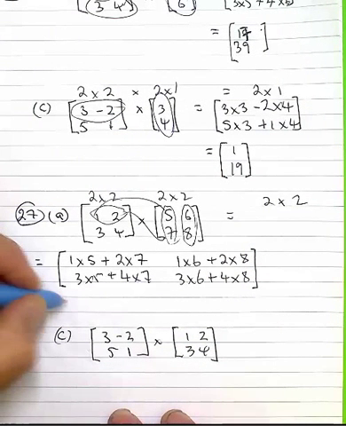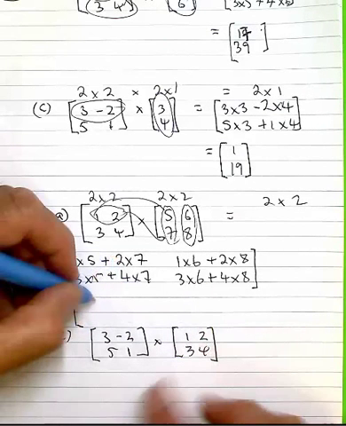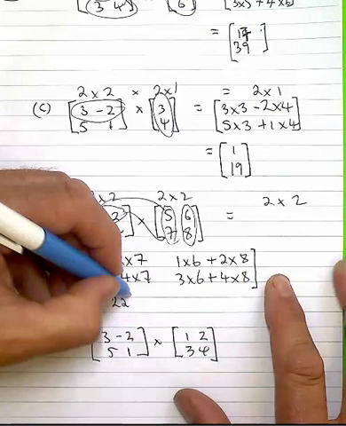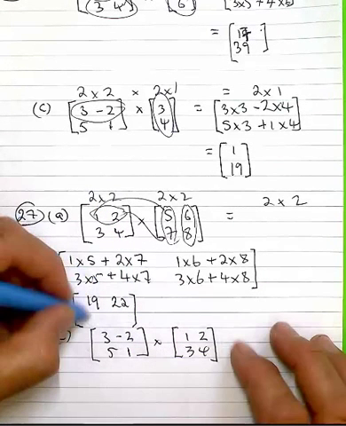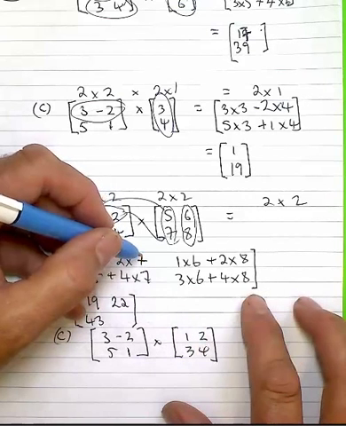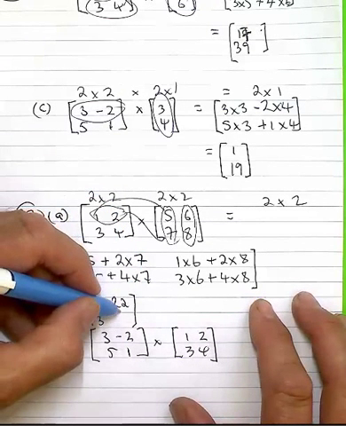And grouping these together, 5 and 14, 19, 6 and 16, 22, 15 and 28, 43, and 18 and 32 gives us a total of 50.